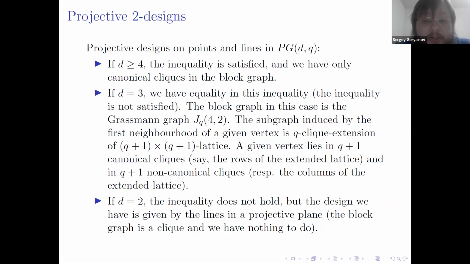A given vertex lies in q plus 1 canonical cliques, say the rows of the extended lattice, and also in q plus 1 non-canonical cliques, respectively the columns of the extended lattice. If d equals 2, the inequality does not hold, but the design we have is given by the lines in a projective plane, and the block graph is a clique, and we have nothing to do.